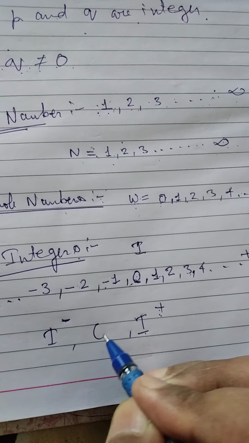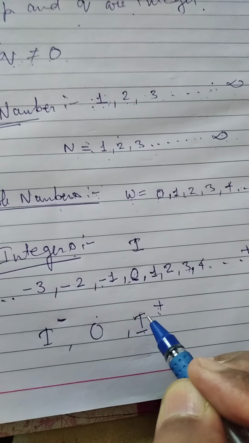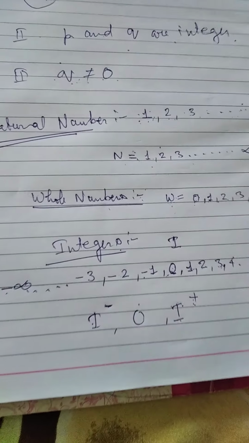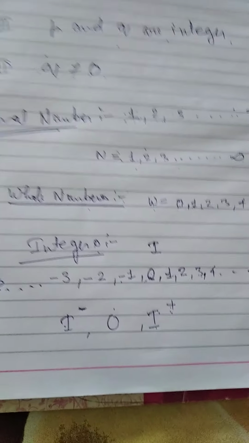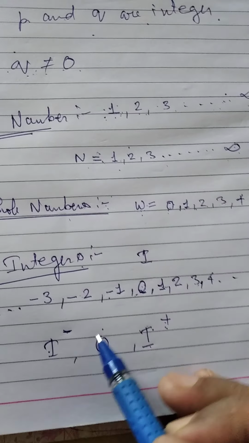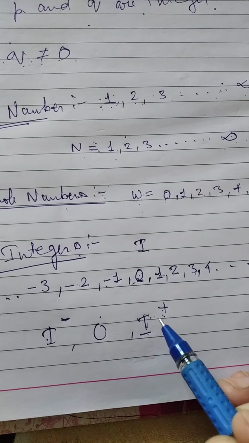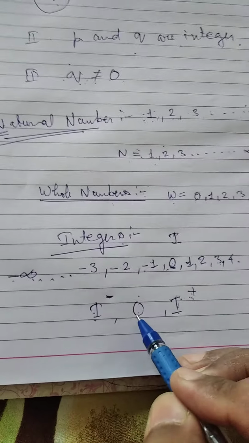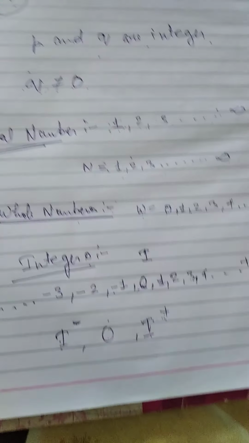So 0 is an integer, but it is not a positive integer nor a negative integer, because 0 can be assigned plus and minus both, and there is no effect of plus and minus on 0. So we have positive integers, negative integers, and 0, which is neither positive nor negative.